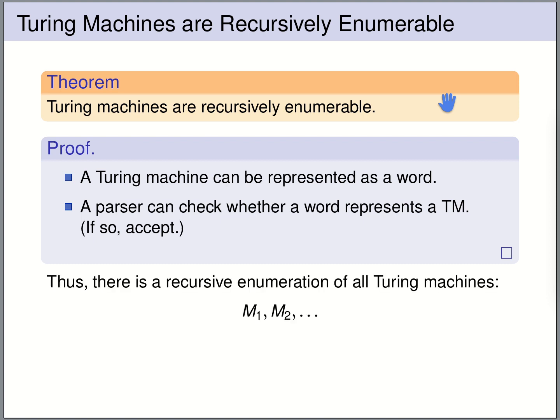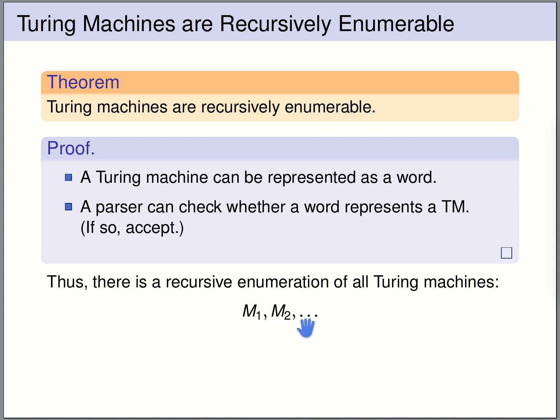So this also means that we have a recursive enumeration of all Turing machines. We can make a Turing machine that one by one enumerates every single Turing machine that exists. And this recursive enumeration, formally again, is an enumeration of all the words describing Turing machines.